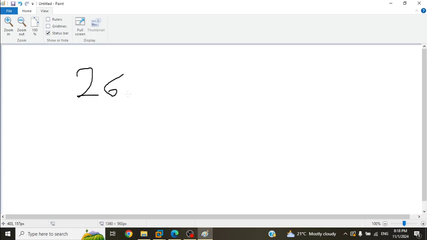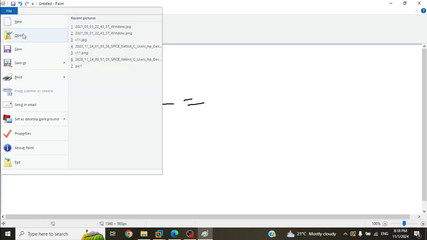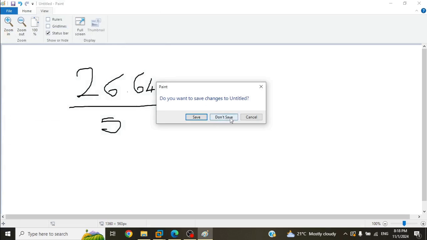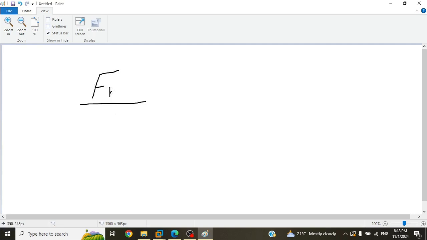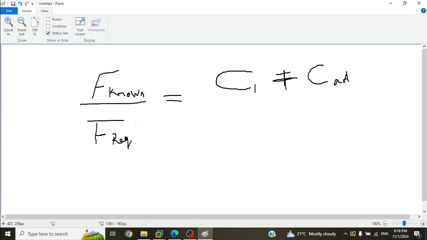So 26.64 over 5 giga equals, so we have a known frequency over the required frequency equal to C1 plus the added capacitance to get this 5 giga, over C1, the C that maps to the parasitic capacitance of the inverter.